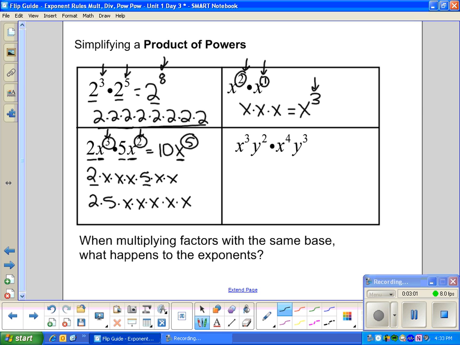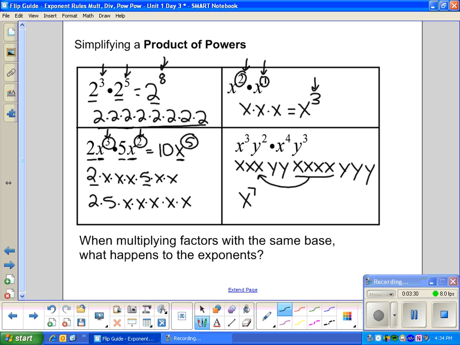Okay, let's try this one. X to the third power, y to the second power, times x to the fourth power, y to the third power. Okay, I'm going to rearrange this so that all these x's come over here. So can you visualize that? I'm going to end up with x to the what power? X to the seventh power.